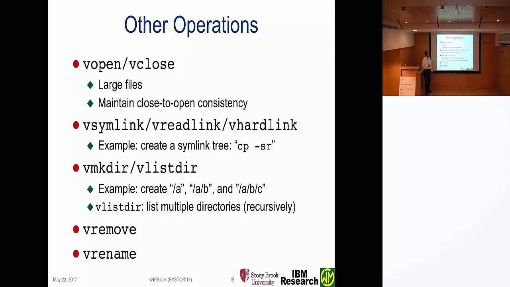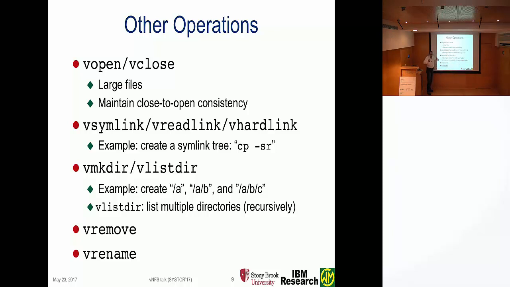We did a bunch of other operations like being able to open and close for large files where you can perform operations on them, symbolic links, hard links, creating directories recursively. Our code allows you to ask what you want. For example, you can say, I want to create a directory ABC.